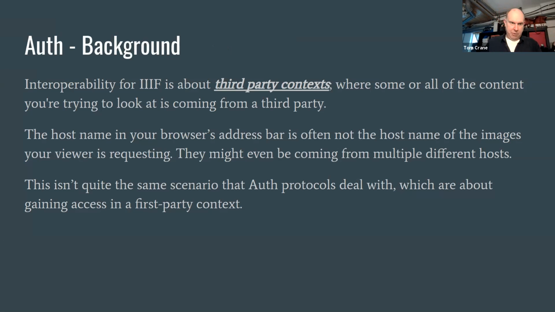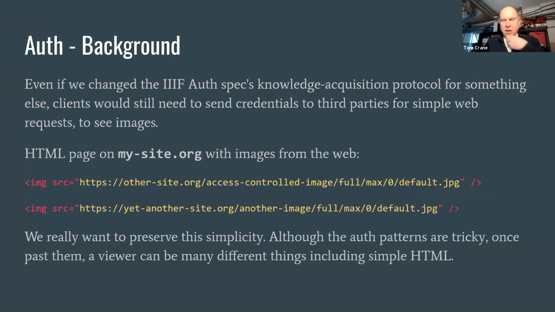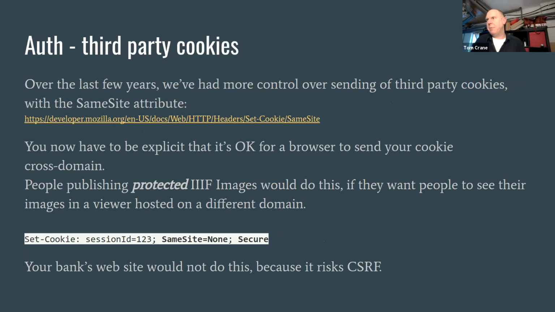Because as we mentioned in the assumptions, you're almost always in a third-party context. And even if we change the auth spec completely so that the actual handshake with the server works differently, we still need to send cookies to Harvard Art Museums to look at their stuff if it was protected.